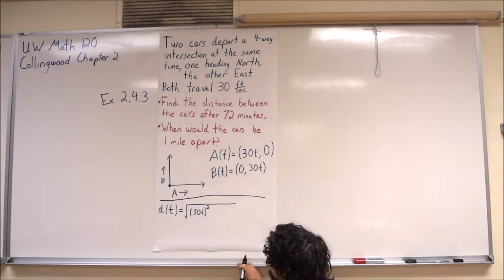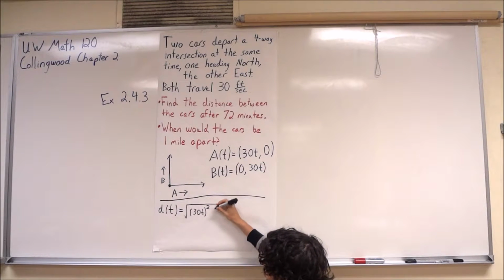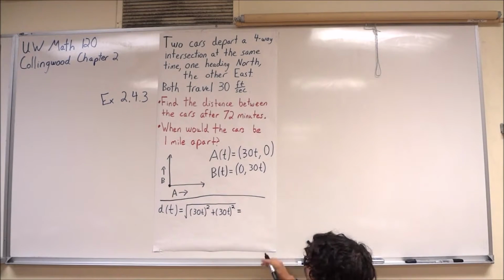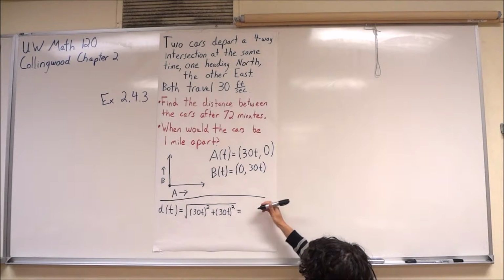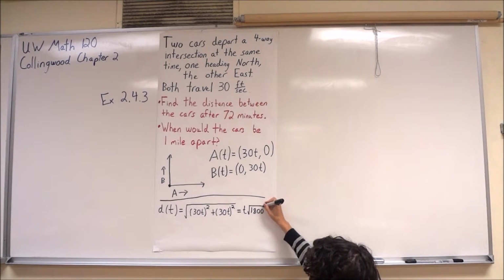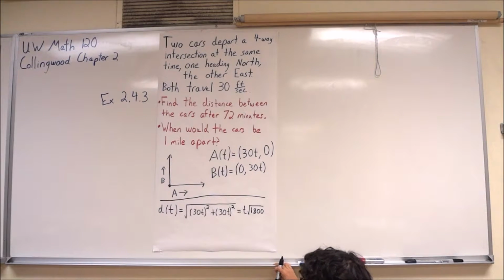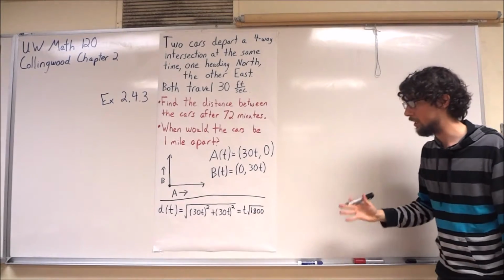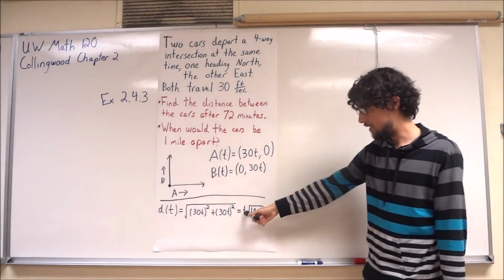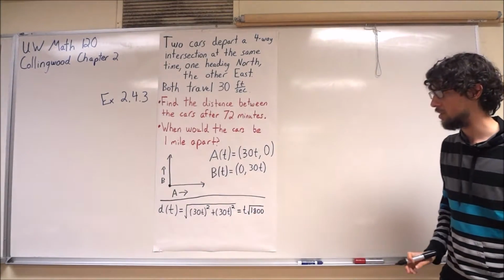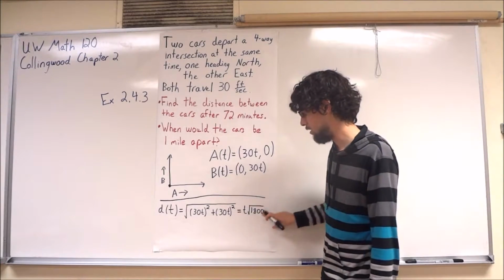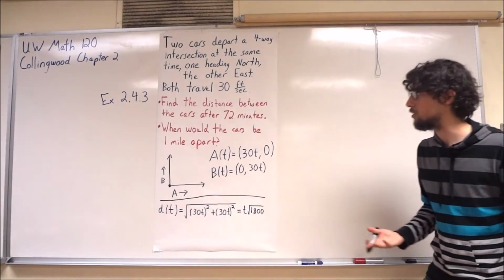I'm going to be squaring this, so I'm not going to pay too much attention to whether I write it as 30t or negative 30t. 30 squared is 900, so this becomes t times the square root of 1800. And now I want to again just emphasize this t is expressed in terms of seconds, and this number at the end of the day is expressed in terms of feet.